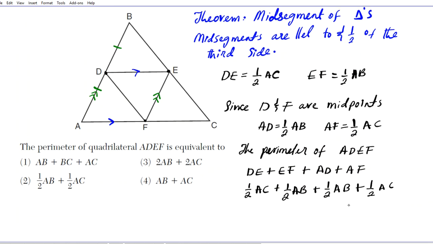Now we can combine like terms. 1/2 AC plus 1/2 AC is AC, plus 1/2 AB plus 1/2 AB is just AB. So the perimeter is AC plus AB, which you can also write as AB plus AC since addition commutes, right? AB plus AC. Final answer for question number 4 is option number 4.